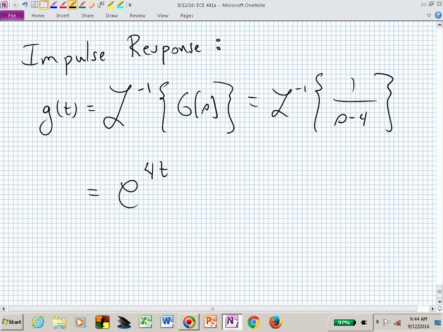E to the 4t. What happens to that when time gets big? It just goes crazy, doesn't it? It goes unbounded. This is another way of understanding that in fact our system is unstable.